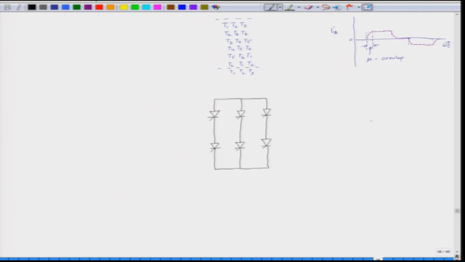And the load is replaced by the back EMFs. So, what we can show here is the load, we have the inductances here, and we have the individual back EMFs of the various phases.